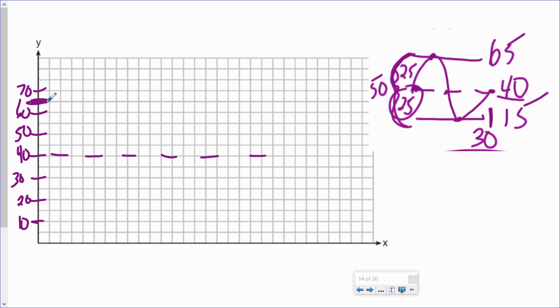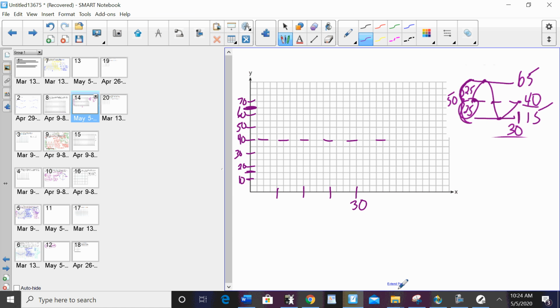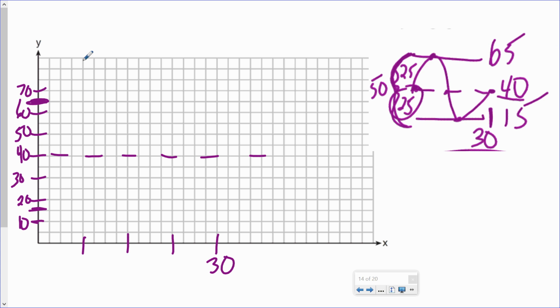My min is 15. 4 dashes, 1, 2, 3, 4. Period goes at the end of the 4th dash. It's a positive sine. So I start at the midline, and then I go up. Then I go midline, then I go min, then I go midline, and that's it.